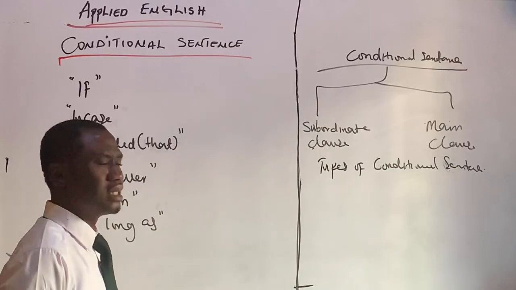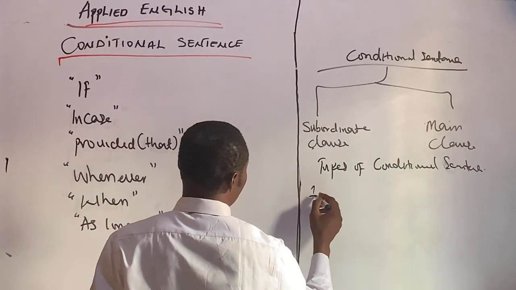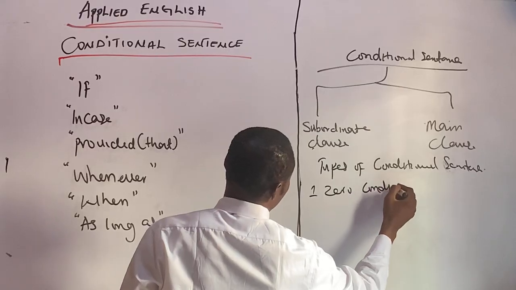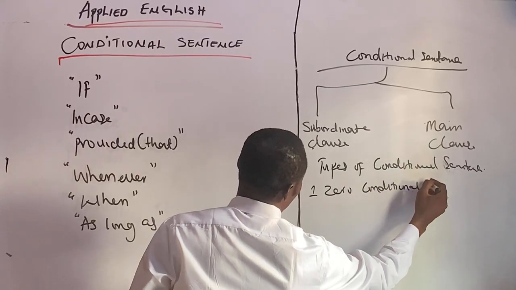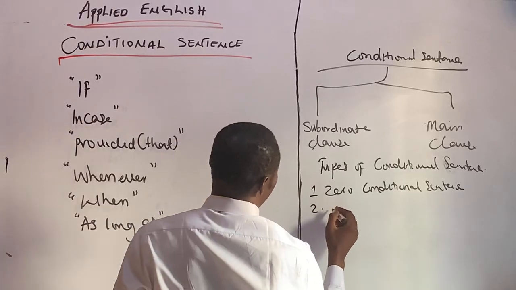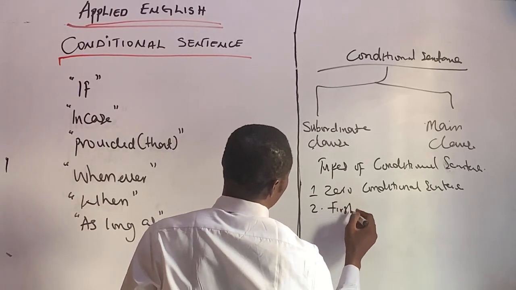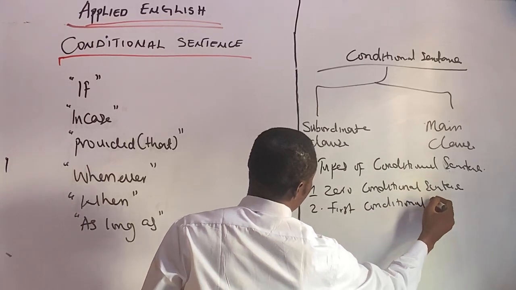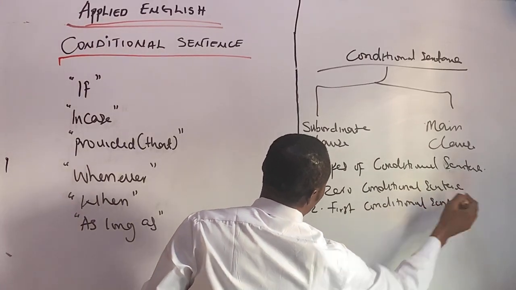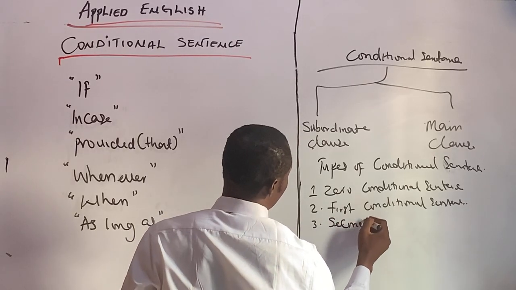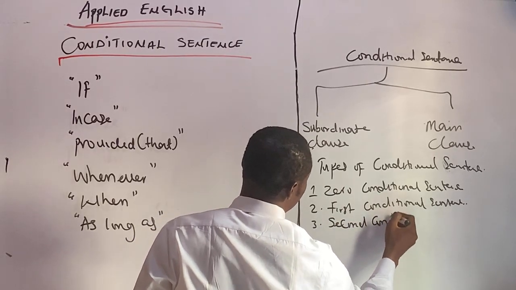Types of conditional sentence. Number one, we have the zero conditional sentence. Number two, we have the first conditional sentence. Number three, we have the second conditional sentence.